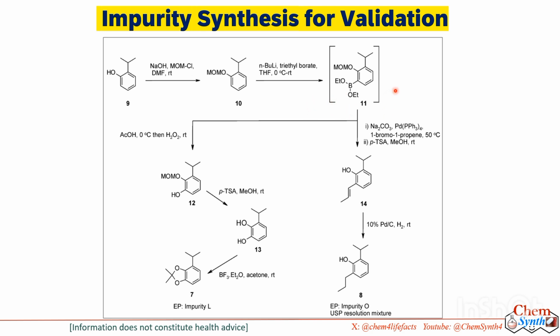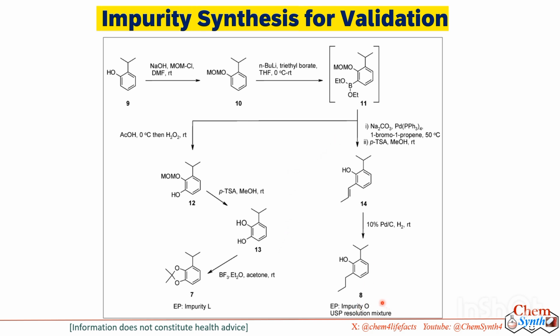Now after getting this intermediate 11, they did oxidation reaction using acetic acid and hydrogen peroxide to get this phenolic intermediate 12. And here they removed this MOM protecting group using paratoluenesulfonic acid, and then that one was treated with acetone in presence of BF3 etherate to get this compound 7.